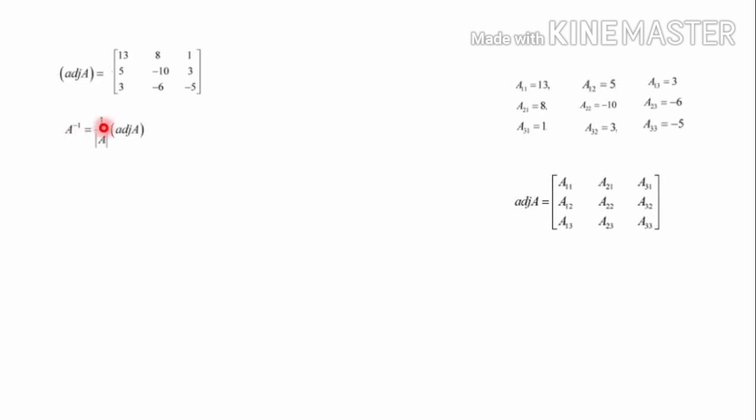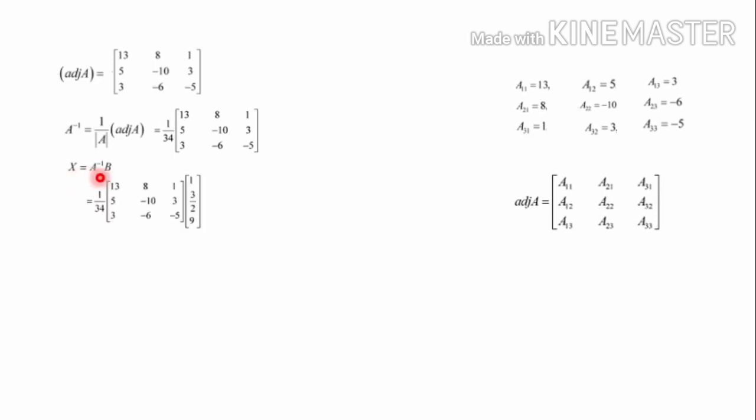Next, we have to calculate A inverse. A inverse is equal to 1 divided by determinant A into adj A. Determinant A we have already calculated, the value is 34. So 1 divided by 34 into adj A we have to substitute. Then X is equal to A inverse B, we have to write the formula.